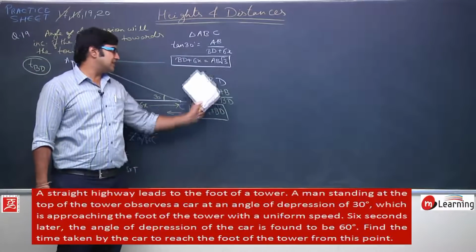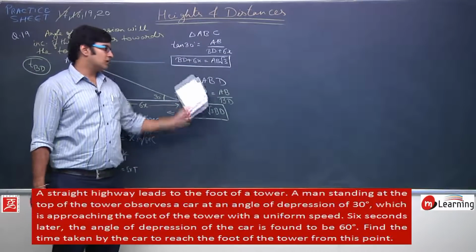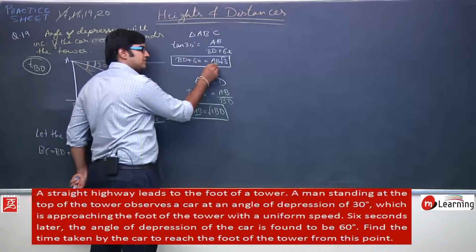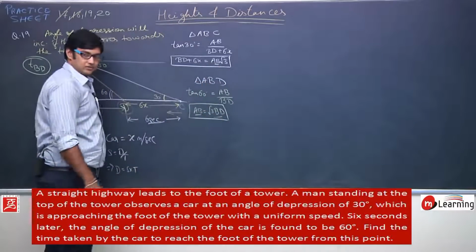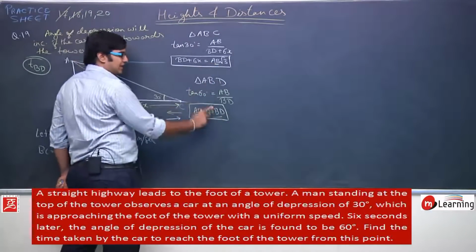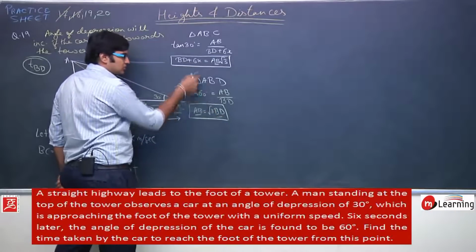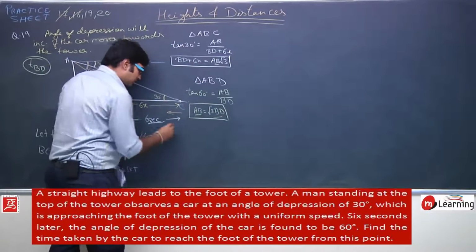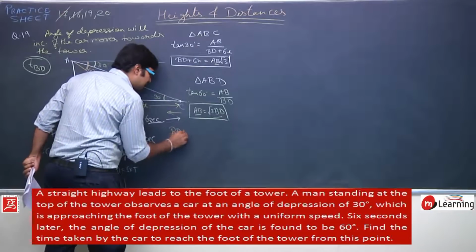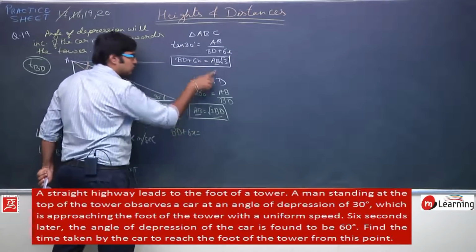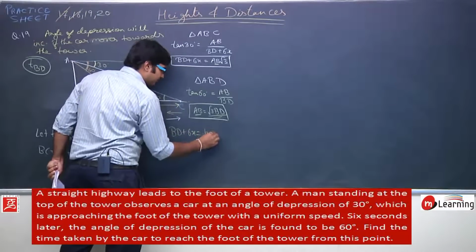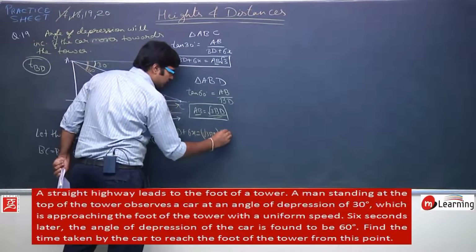So using this condition and this condition, try to observe both the conditions. I can substitute the value of AB as BD root 3. Okay, in place of AB I can write BD root 3. So using these two equations I can write BD plus 6x is equal to, in place of AB we wrote root 3 BD, into root 3.